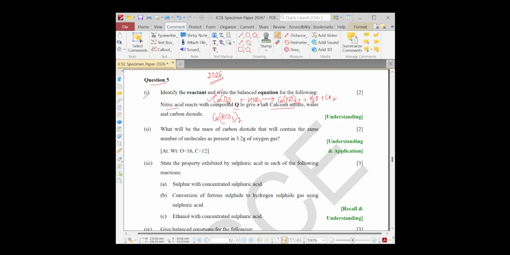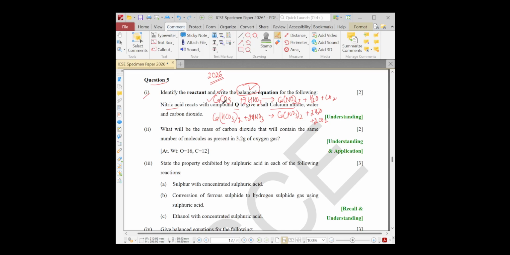If not carbonate, then it can be calcium hydrogen carbonate. So when calcium carbonate reacts with nitric acid, you have to give a balanced reaction. Very important: 2 nitric acid, you will get calcium nitrate, water and carbon dioxide. If you take calcium bicarbonate, again you take 2 nitric acid, you get calcium nitrate, 2 water and 2 carbon dioxide.